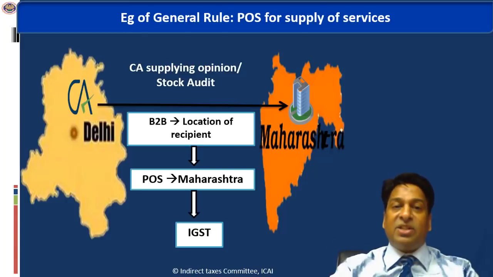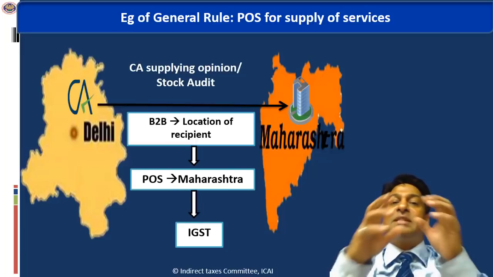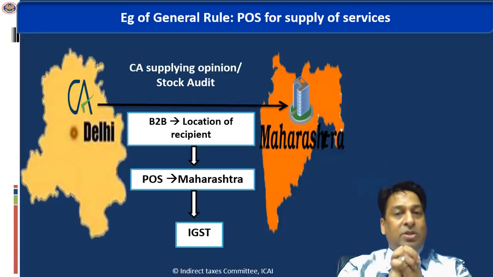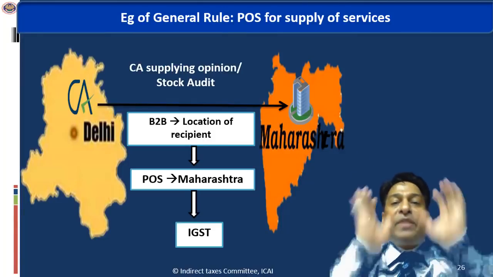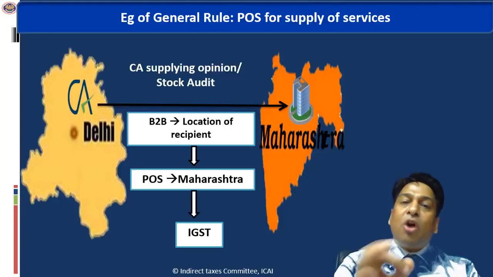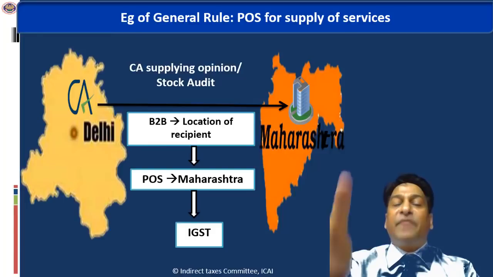But in the GST regime, the concept is that if I'm supplying goods or services from a particular state, then in that state we have to take registration. Now keeping all these provisions in mind, I got an assignment for undertaking stock audit in 4 different states.